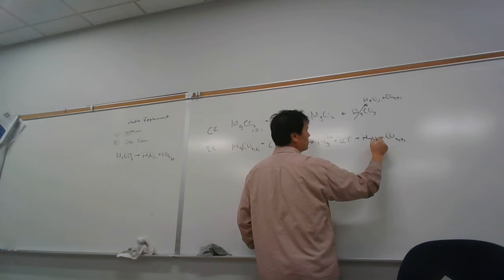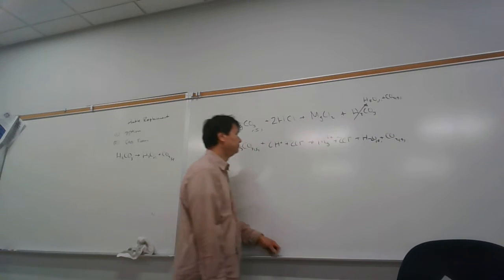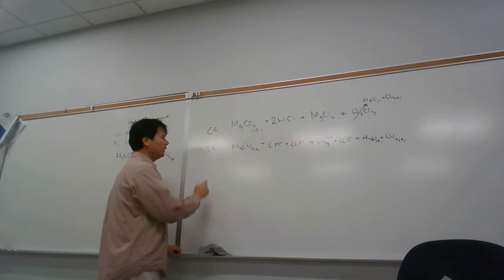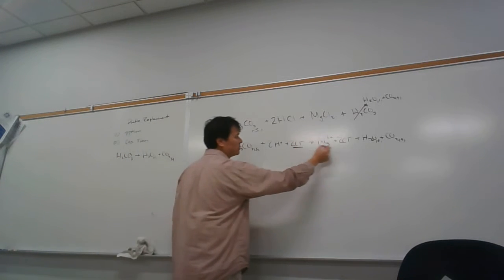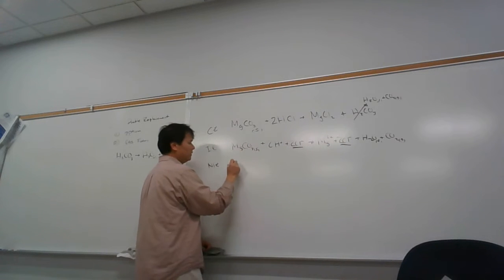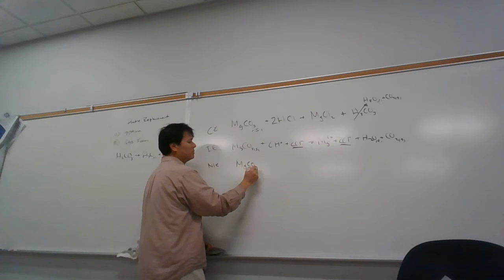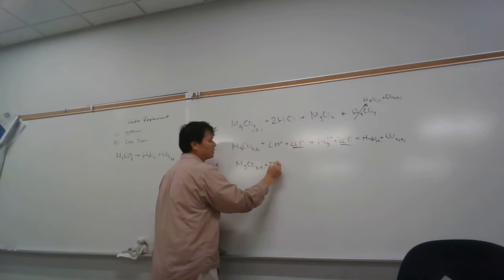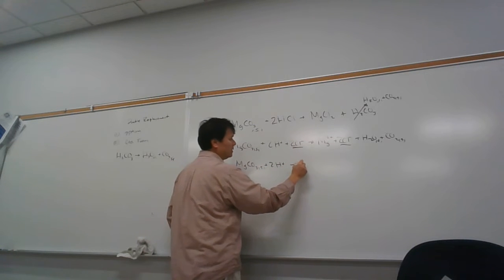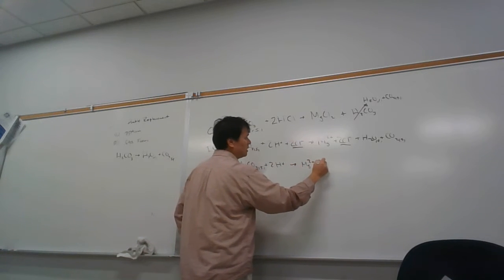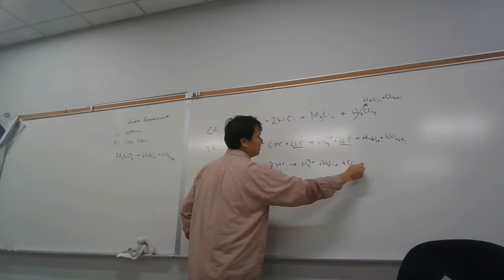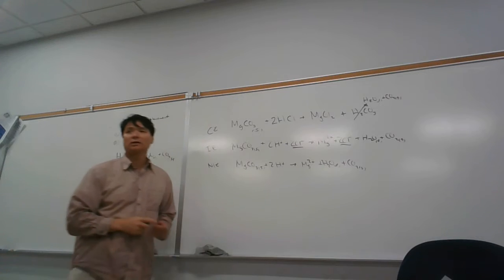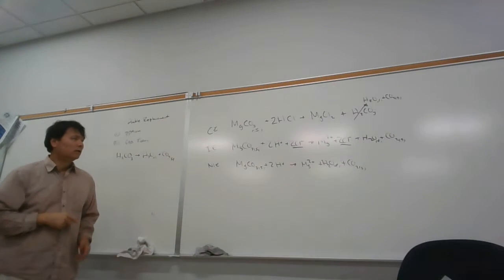Those are non-electrolytes. This would be the IE, and then finally for the NIE, we get rid of the spectator. Chloride looks like a spectator, but everything else reacts. So magnesium carbonate solid plus 2H plus gives us magnesium 2 plus, H2O liquid, plus CO2 gas. These are the species that are reacting, the products that are forming.